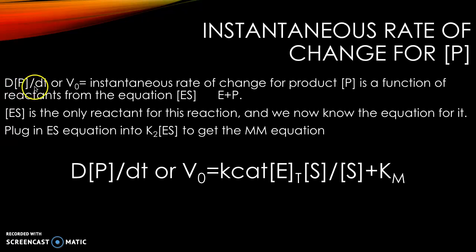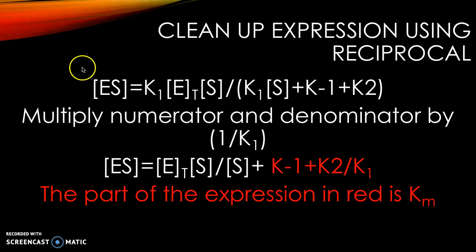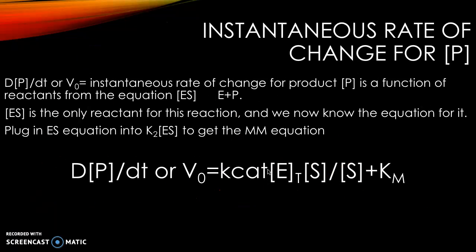The instantaneous rate of change for a product, or our initial velocity, is a function of the reactants from the equation where ES yields E plus P. The ES concentration is the only reactant for this reaction, and we now know from the previous slide what that equation looks like. So we can substitute that in when we're multiplying by K2, and when you plug in that K2 times ES, you end up getting the Michaelis-Menten equation.